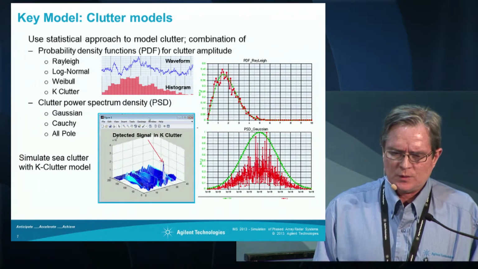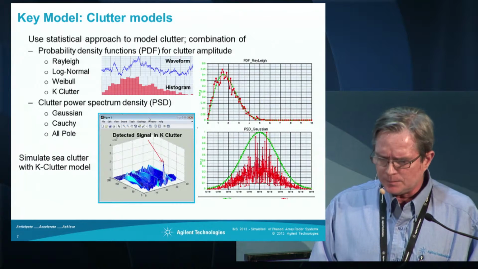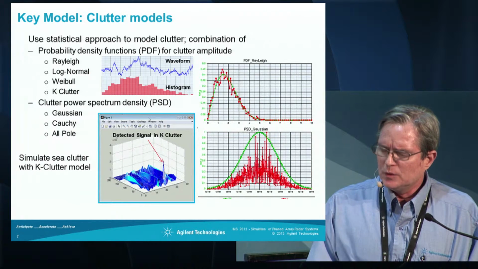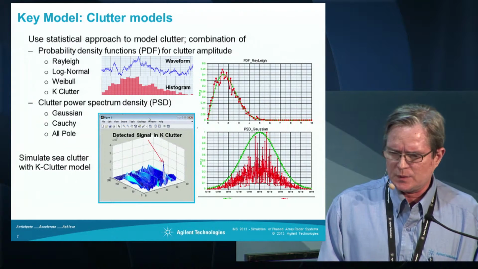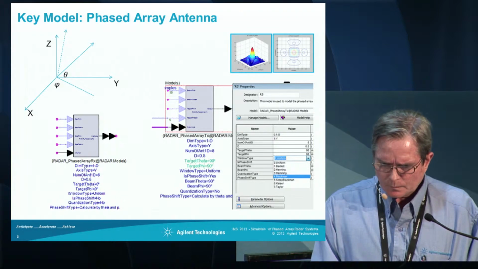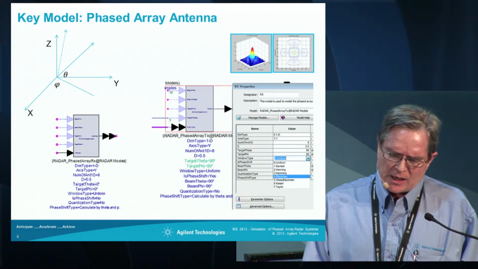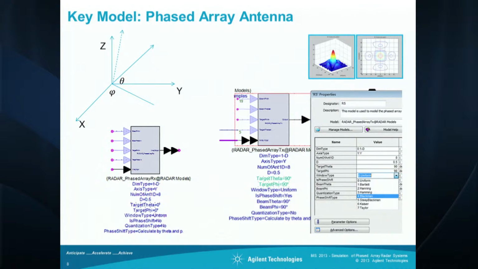All right, there's also clutter models that we can look at, the different characteristics of clutters, and the users can define what those characteristics are. Two other really important models here that seem pretty simple here, but are very complicated and very useful is the whole phased array.